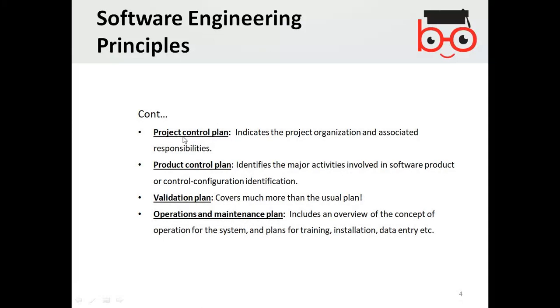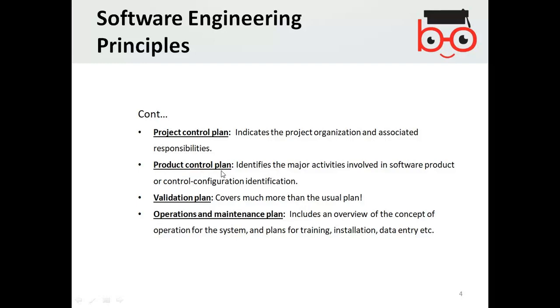Then the project control plan indicates that the project organization and associated responsibilities should be identified. If you do not identify the responsible persons, whatever resources the organization has, you will fail.